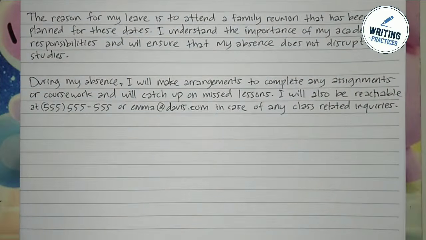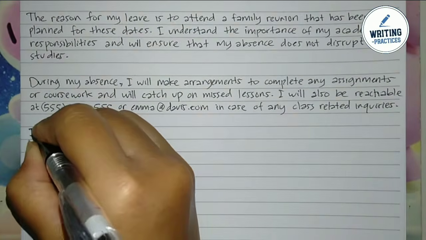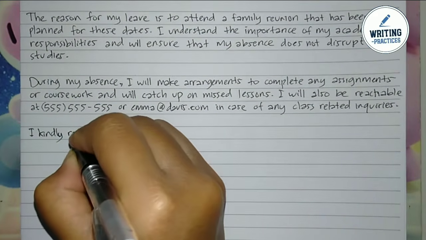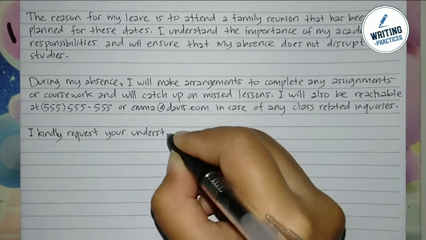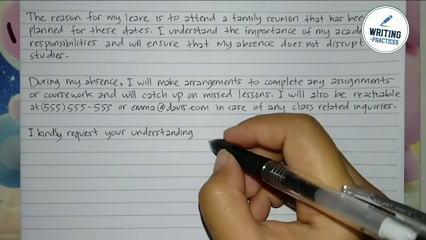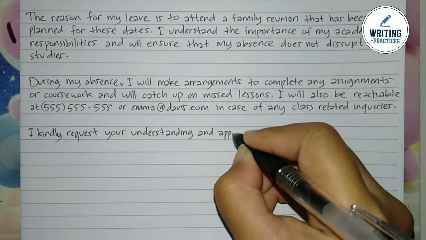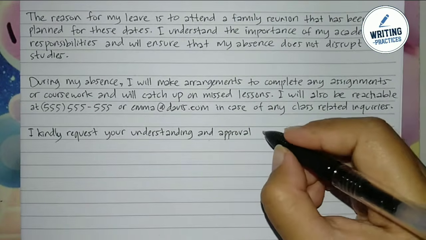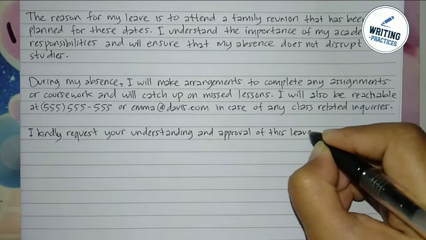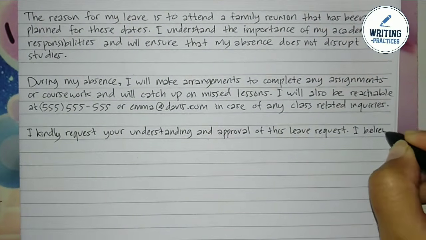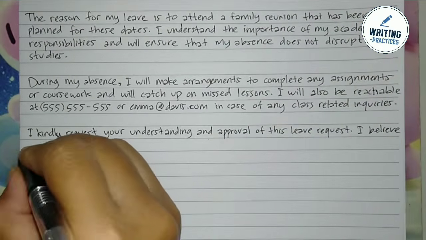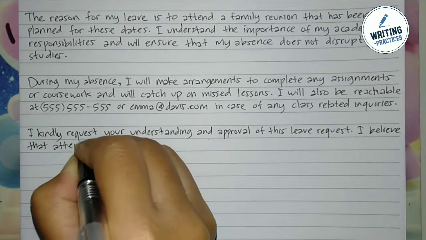In the fourth paragraph, request approval for your leave. "I kindly request your understanding and approval of this leave request." And once again, convince the recipient how attending this event is very crucial to you and your family. Just write the urgency about attending it.